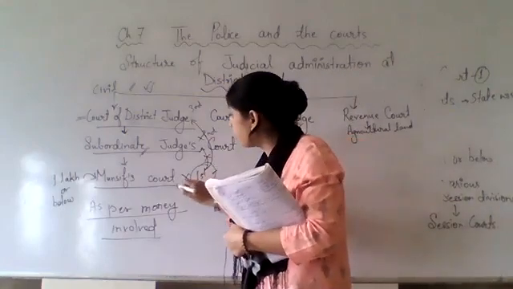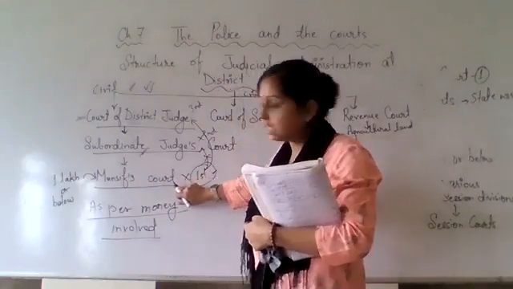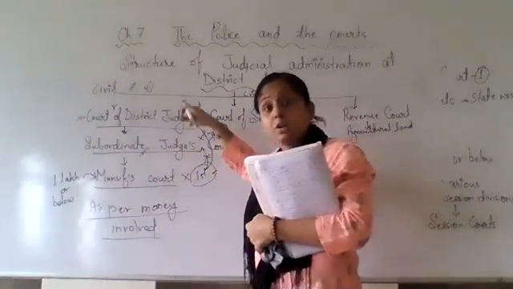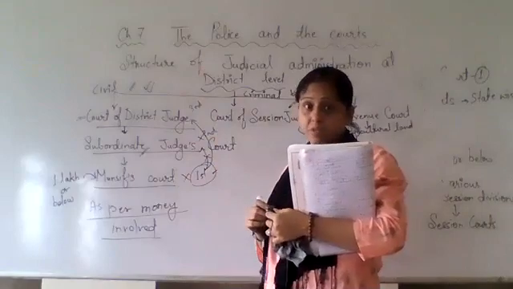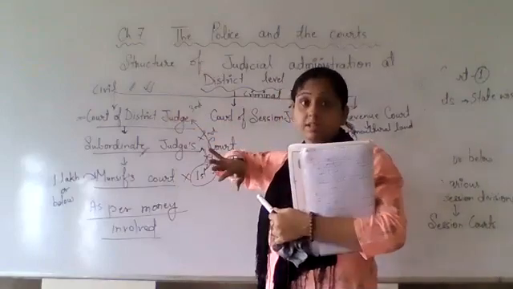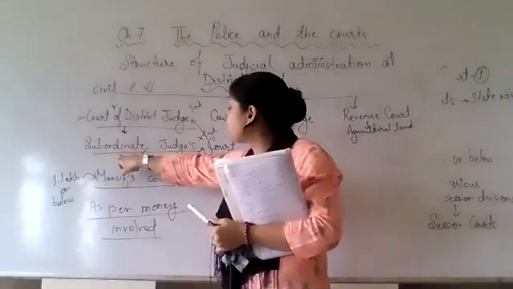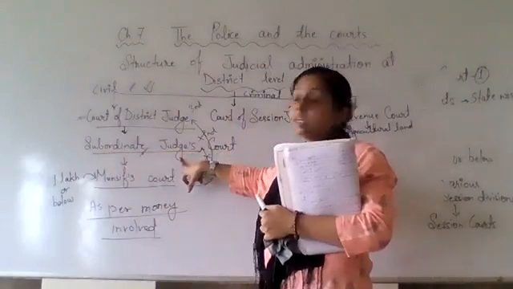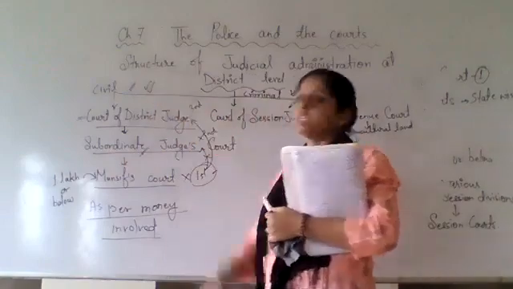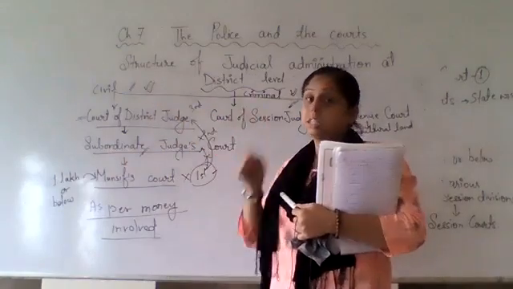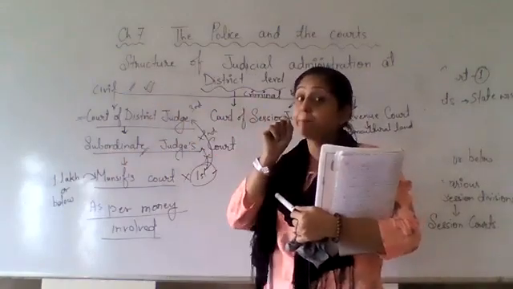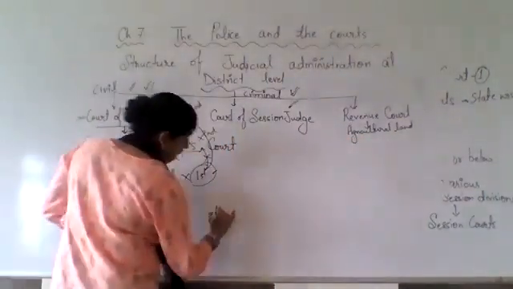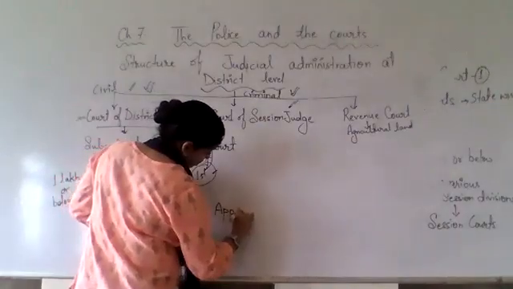The case of municipal court will not be transferred into subordinate judge court. That will directly go to the court of district judge. In the same way, the cases in the subordinate judge court will directly go to court of district judge. This power is called appellate power.